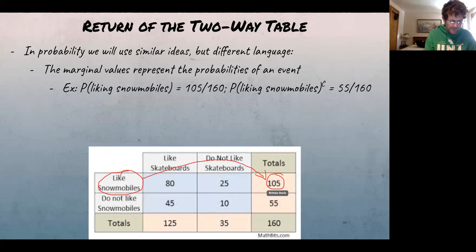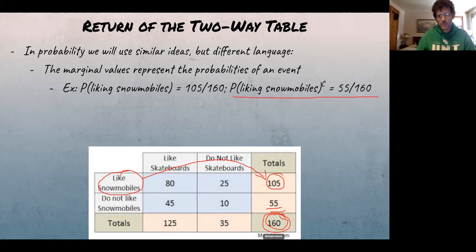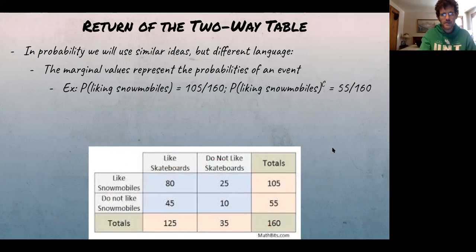It's 105 out of 160. And the probability of not liking snowmobiles is going to be down here, and that's this next one. I'm going to take this 55 out of 160. And we can just use the table totals in that bottom right cell. Okay, so the marginal totals are where you get the basic probabilities.